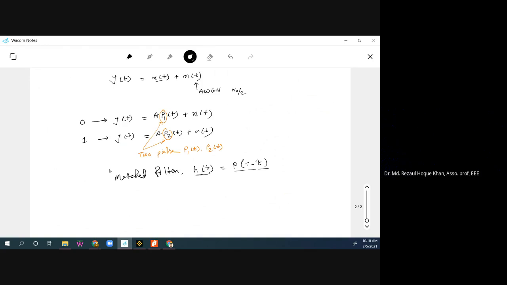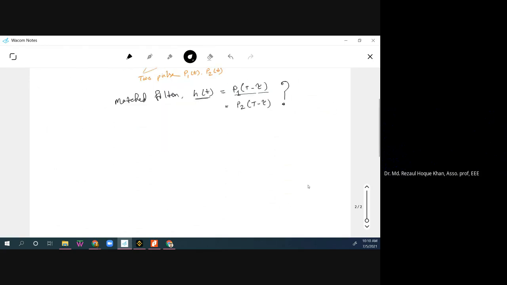But here we have p1(t minus tau) or p2(t minus tau). So which one should it be? That's the question. The condition is the same: we have to maximize the signal to noise ratio, but now we have two distinct pulses. For that, we have to find it.